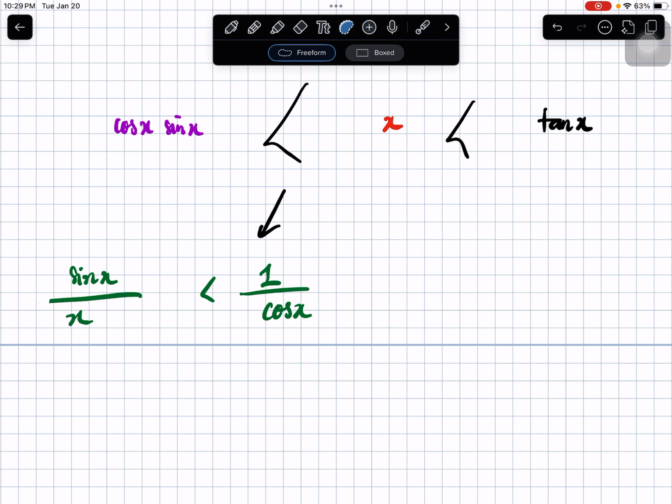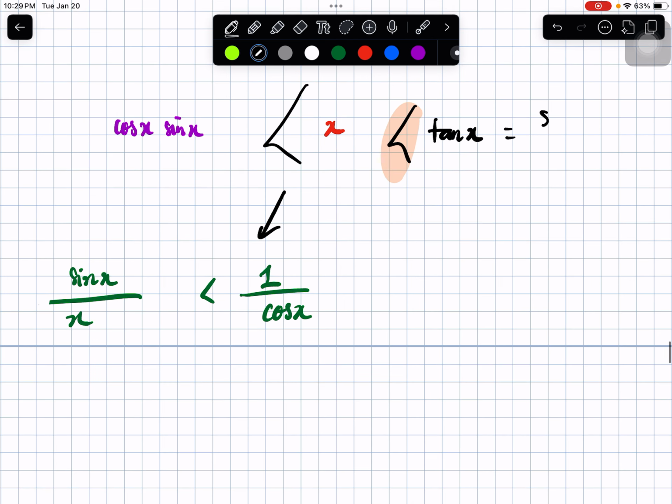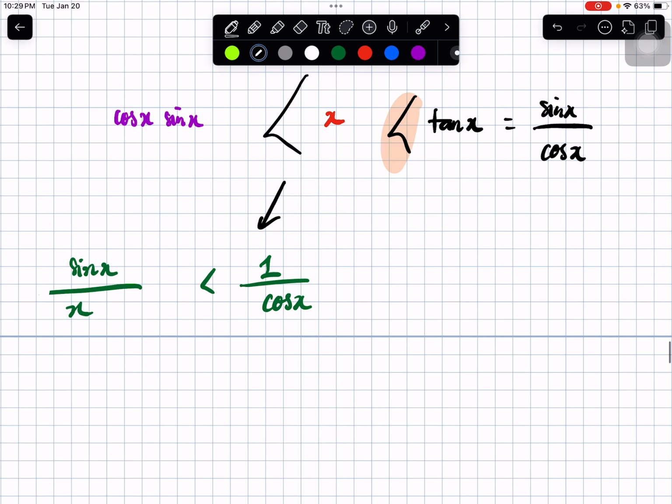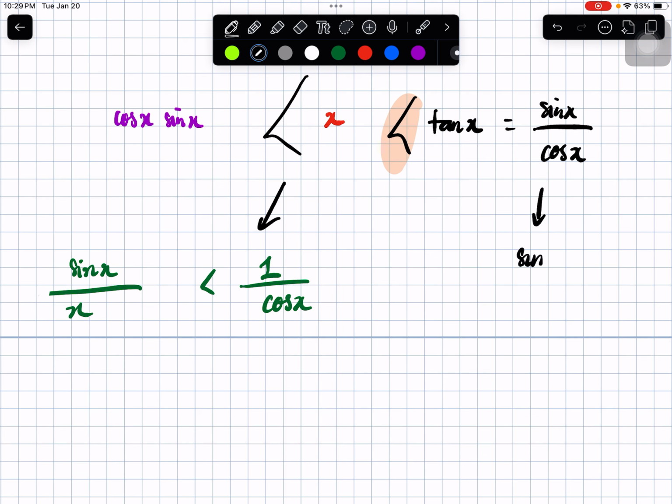The second inequality would give us the following. Tangent of x is sine of x divided by cosine of x. So this one will give us sine of x divided by x bigger than cosine of x. So forget this tangent.